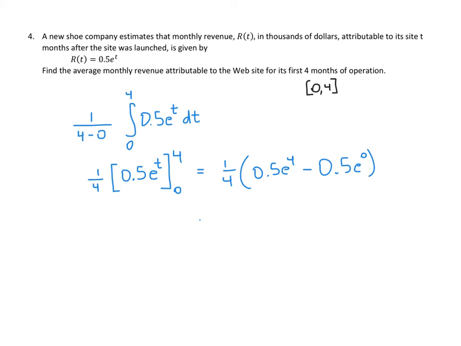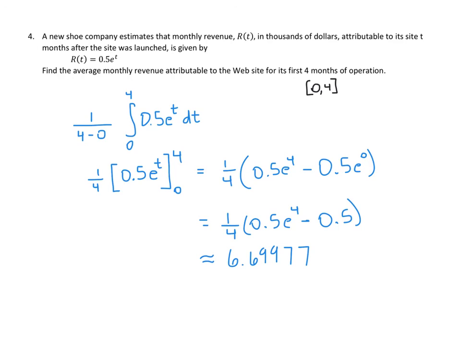Alright, so now simplifying, we have 1/4 times 0.5 e to the 4 minus 0.5, since e to the 0 is 1. So now let's plug this into our calculator and get a decimal approximation. And what we get is 6.69977.